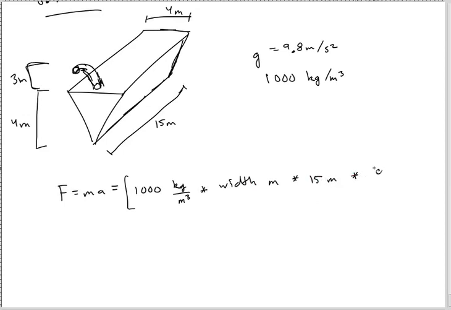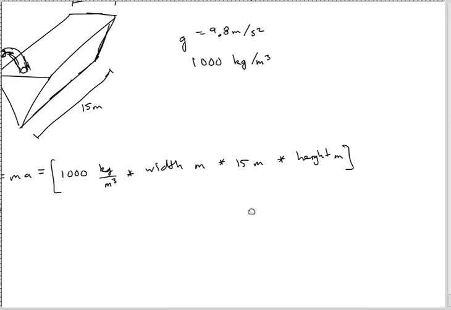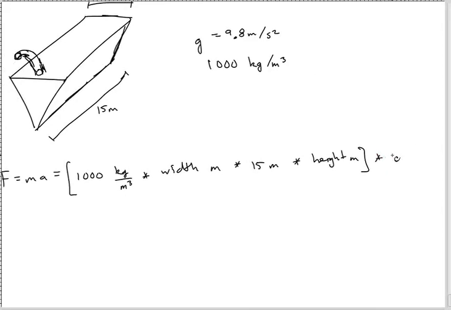And then I'm going to multiply that by the height, which is in meters. And then I'm going to multiply that by the 9.8 meters per second squared, because that's the A part. And so we got to figure out what we're going to be doing here.